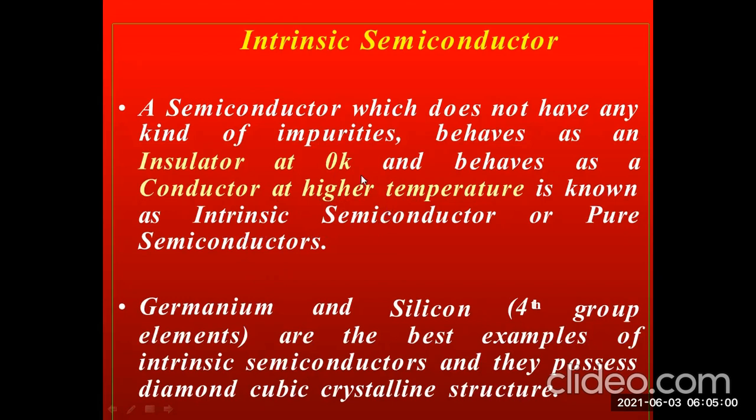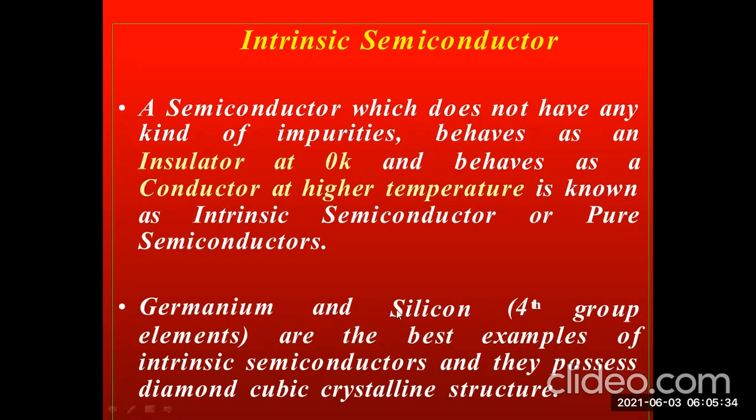So the same material at 0 Kelvin exhibits the property of an insulator, and if I increase the temperature, the same material acts as a conductor. So depending upon the temperature, the character of that particular material is changing.